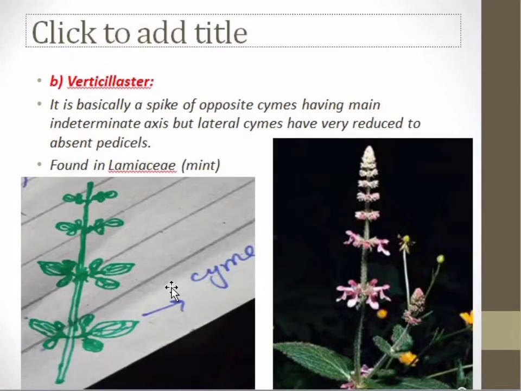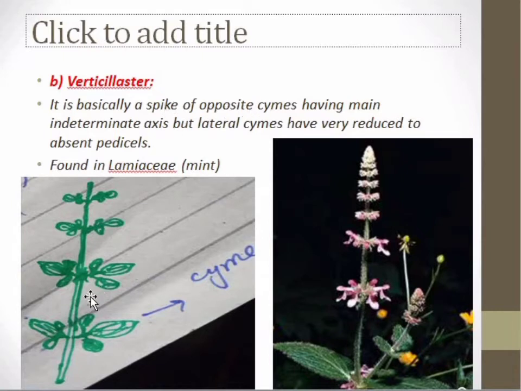The other one is verticillaster. Now what is verticillaster inflorescence? It is basically a spike of opposite cymes, having a main indeterminate axis, but lateral cymes have very reduced to absent pedicels. In this case, this is the main axis, and it shows indeterminate growth. It means it is a raceme inflorescence basically, but bears lateral sessile, nearly sessile flowers, that's why it is a spike.